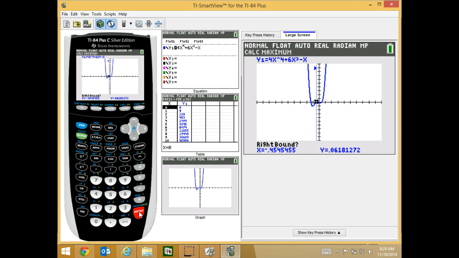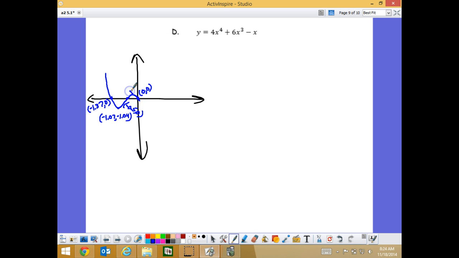We are to the left of that, and to the right. So negative 0.27, 0.17. So this maximum is negative 0.27, 0.17. So that is that maximum.